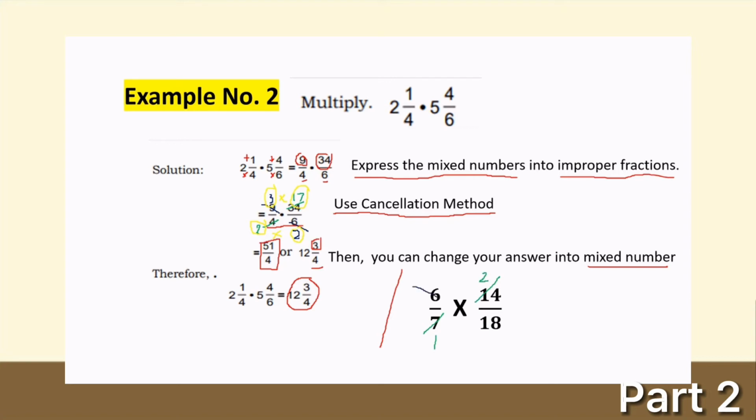Again, 6 and 18 divisible by 6. 6 divided by 6 is 1. 18 divided by 6 is 3. So, meron pa bang pwede makancel? Wala na. So, kung wala na, multiply the numerator. 1 times 2 is 2. Then, 1 times 3 is 3. So, the answer is 2/3. Okay?